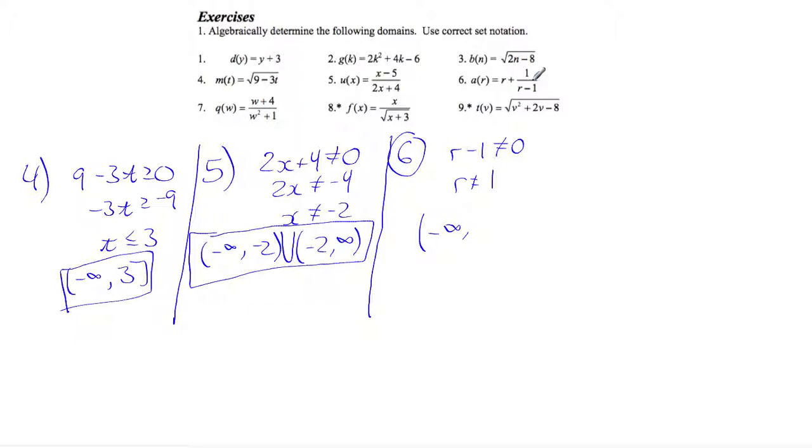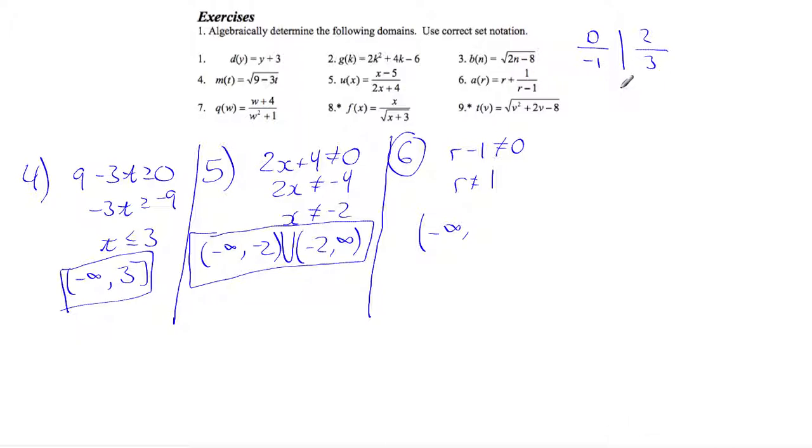So when r is 1, I have that the value overall, when r is 0, I have that the value overall is -1. When I have that r is 2, I have that the value overall is 2 plus 1/2, 2 plus 1, which is 3.